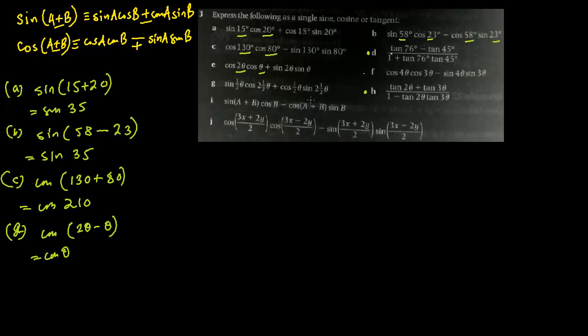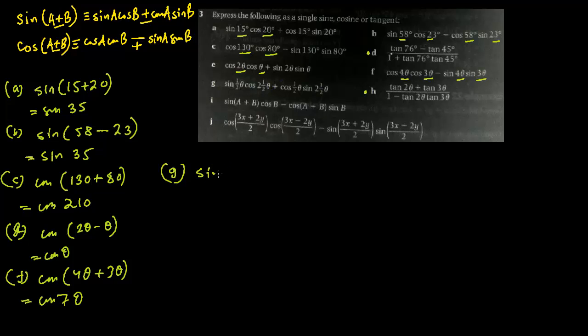Now, the next one is F. So we have cos cos, again minus sine sine. So since there is a minus here, it would be cos A plus B. A is 4 theta and B is 3 theta. So this would be cos 7 theta. Now the next one is G. G is sine cos, cos sine, and there is a plus, so the angle also is going to be plus.